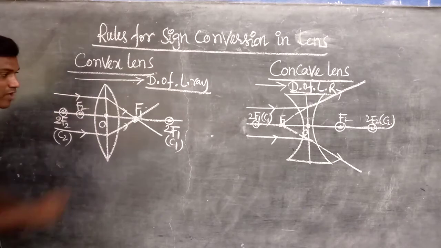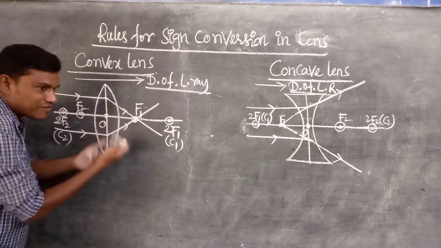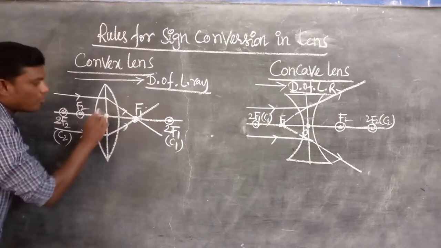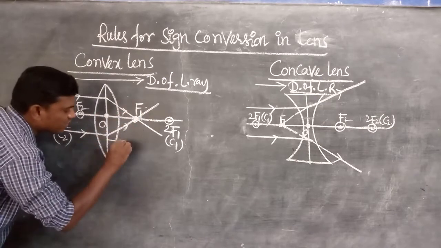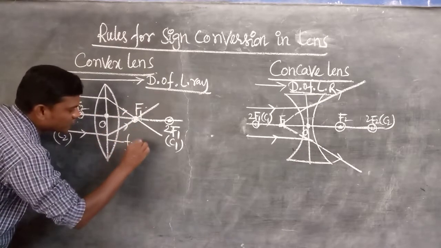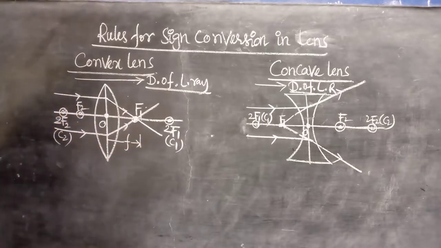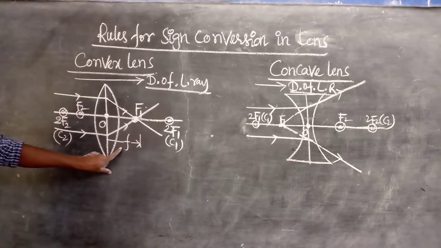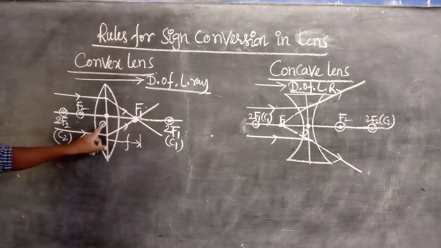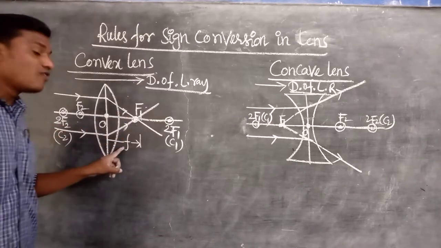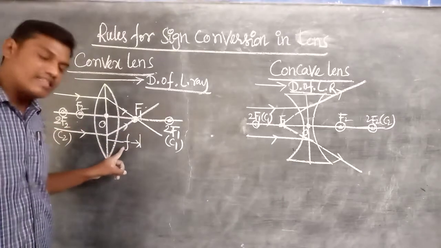In the same way, we know that the distance between the optic center and the principal focus is f, which is called the focal length.